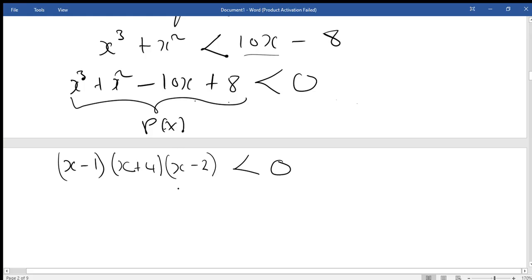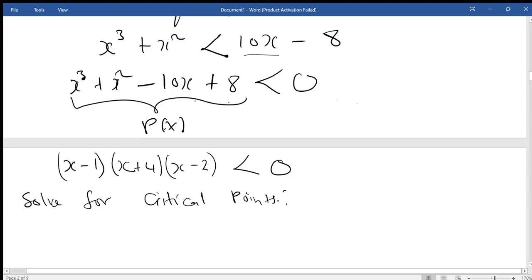So in testing these, the first point is we have to come up with critical points, which are going to help us come up with the range of values which satisfies the less than 0.